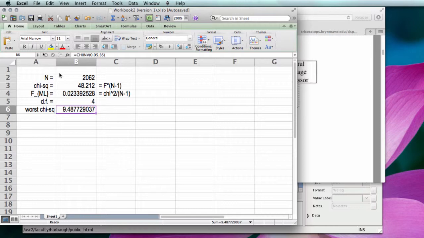If we had a chi-square less than 9.48, we would fail to reject.